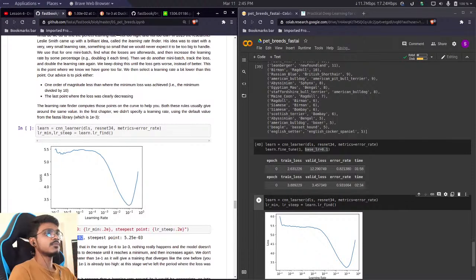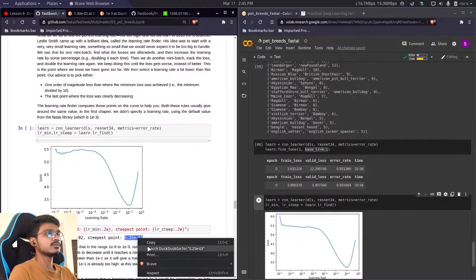Because it is said that this function returns the minimum divided by 10. So if the minimum is 10 raised to minus 1, then it returns this point divided by 10. So this is 0.01.